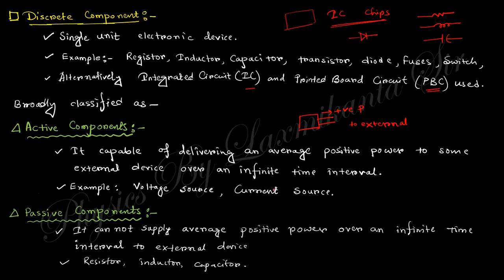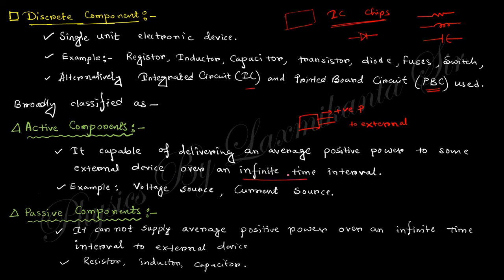Suppose voltage source and current source. These always supply positive power to the external source. That's why they are called active components. In the opposite sense, there is an important thing: the infinite time period.